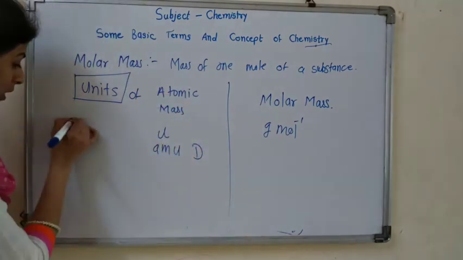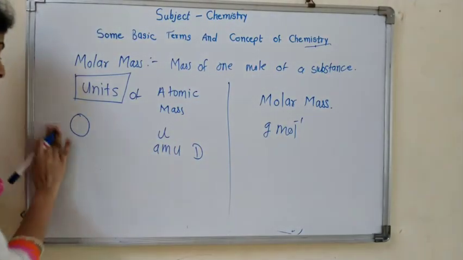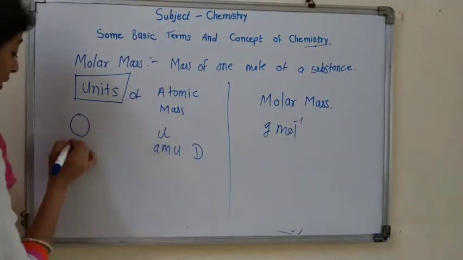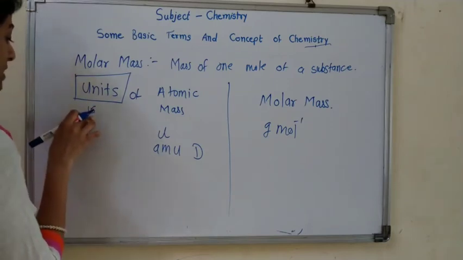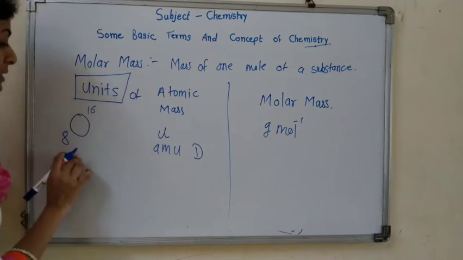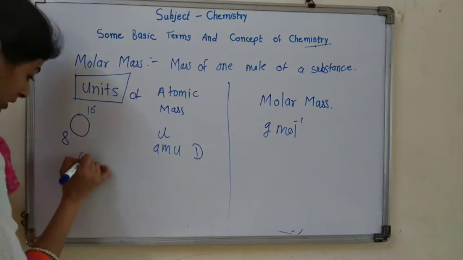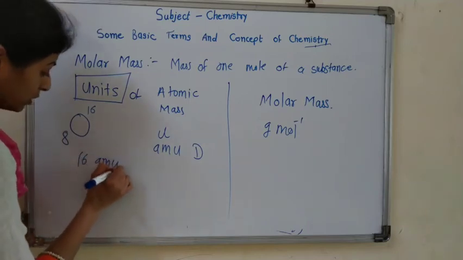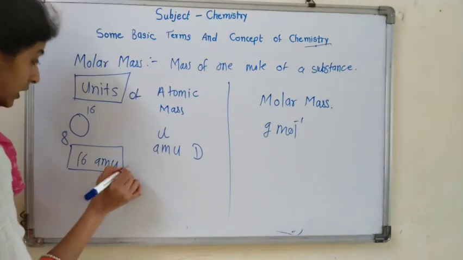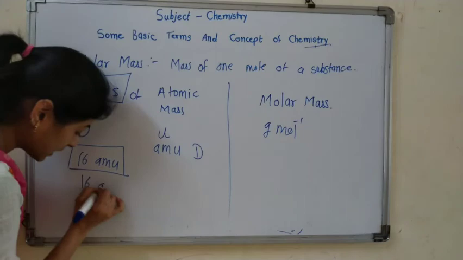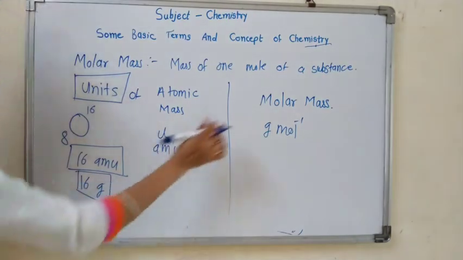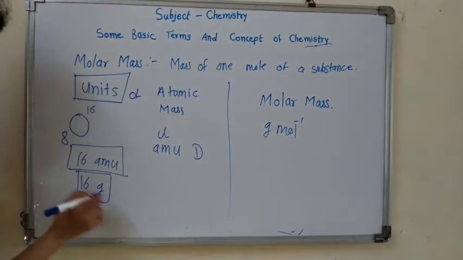For example, here we have taken oxygen atom having atomic number 8, atomic mass 16. It means that 16 AMU is its atomic mass and 16 gram is its molar mass.